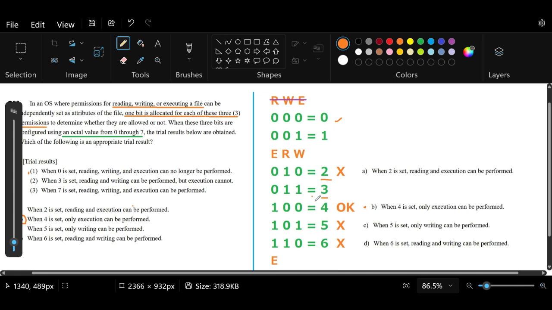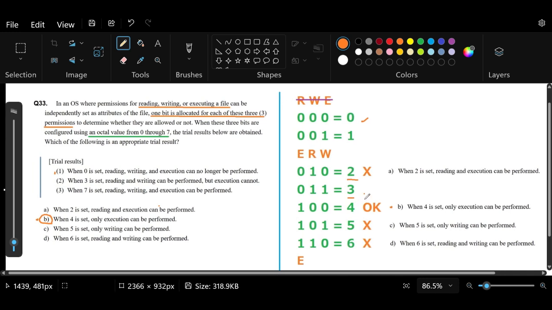So if we take a look at when 3 is set, reading and writing can be performed, but execution cannot.